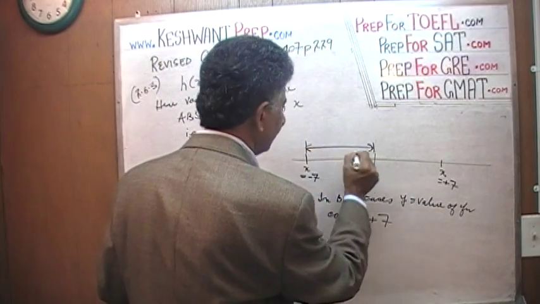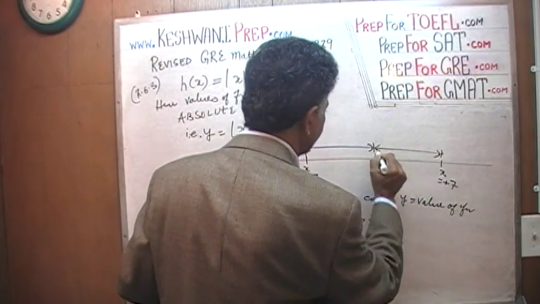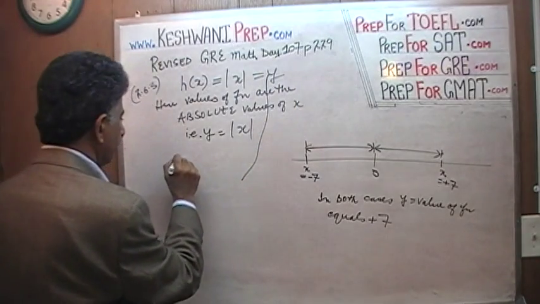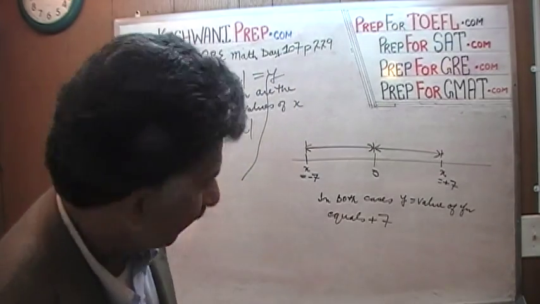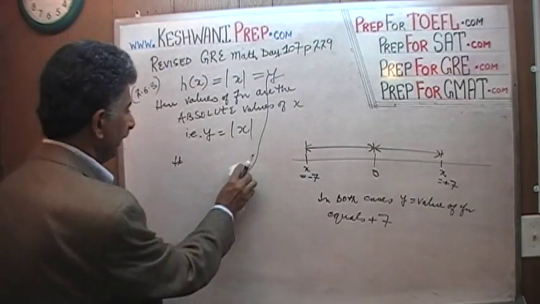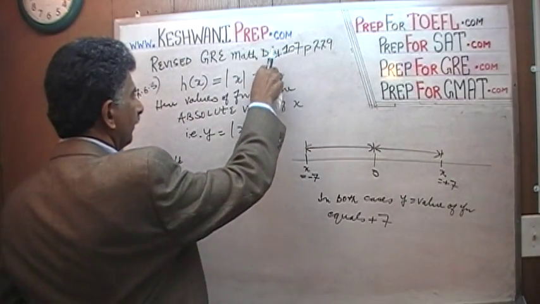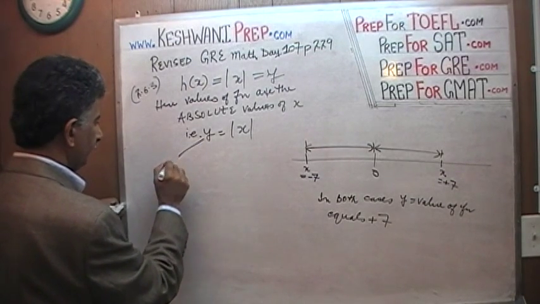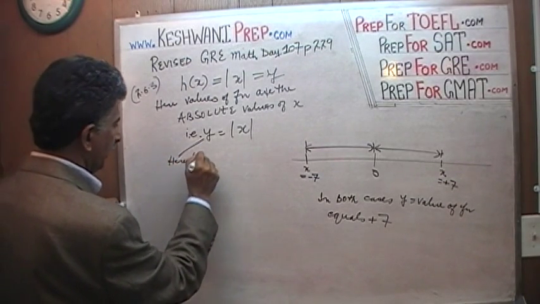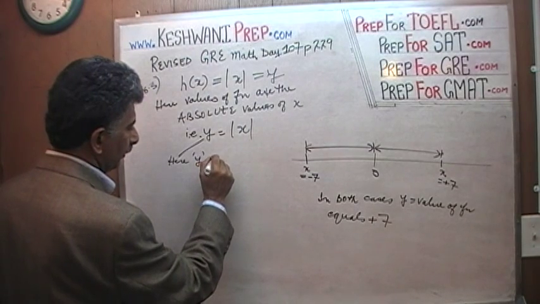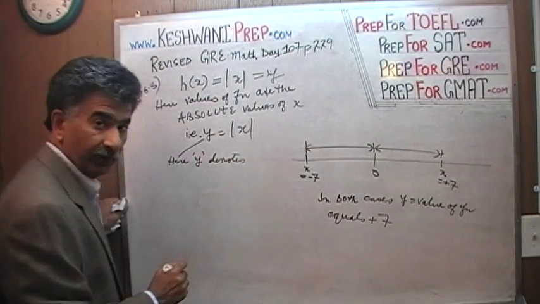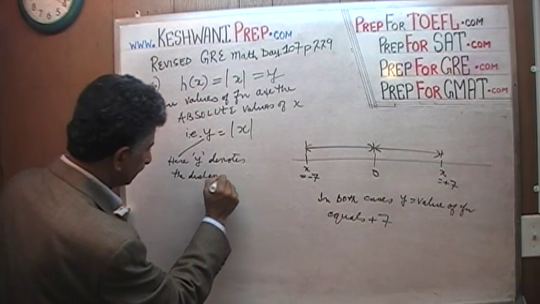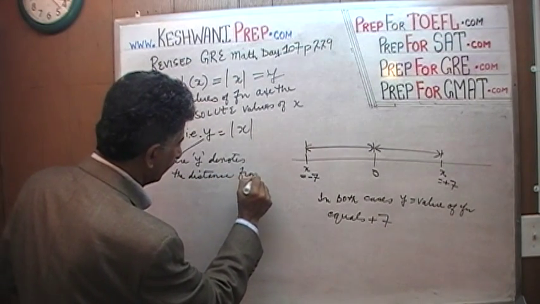This is a distance and this is a distance. Here y denotes, or signifies, the distance from 0.